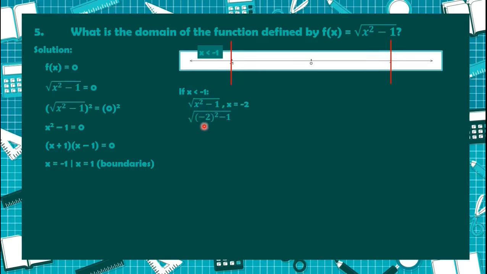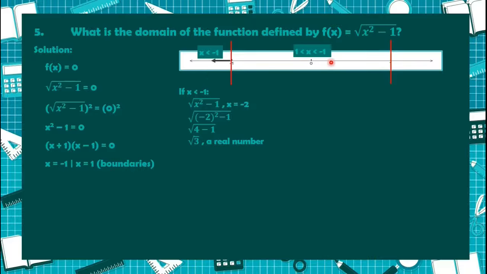So we substitute -2 for x. Then we have the square root of -2 squared minus 1, the square root of 4 minus 1, then the answer is the square root of 3. It is a real number. So all x values less than -1 are solutions of this function because it outputs a real number.